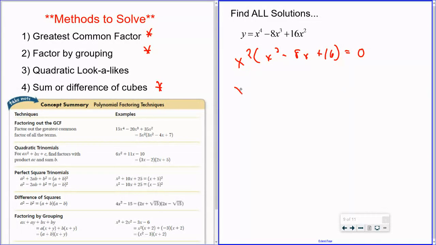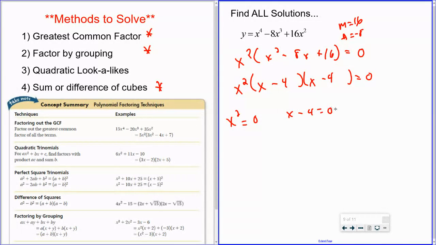The x squared comes along for the ride. I'm going to set these up as if they're normal, because it goes x squared to x, so I'm going to put x here, x here. What times what multiplies to make 16 and adds to make negative 8? Well, that looks like negative 4 and negative 4. Now, if I'm finding a solution, I want to set these equal to 0 and finish this off.